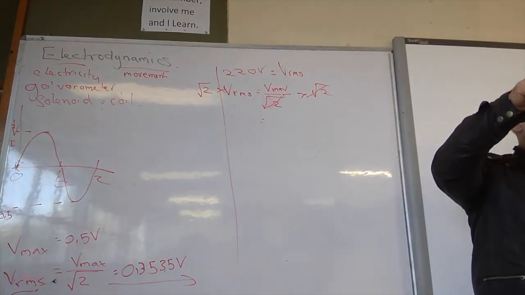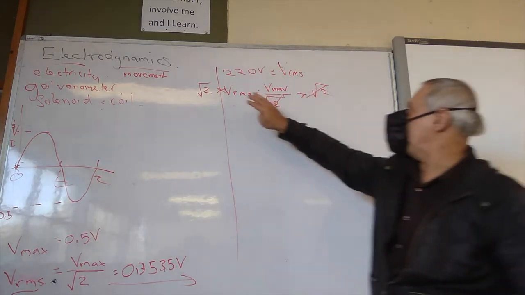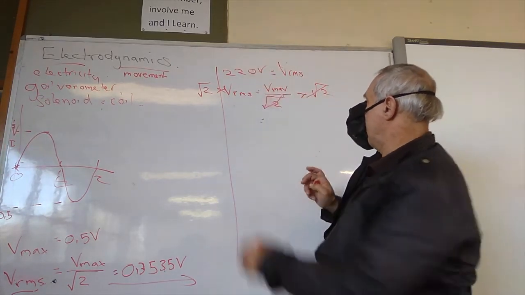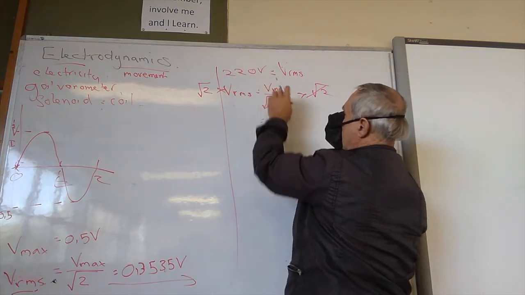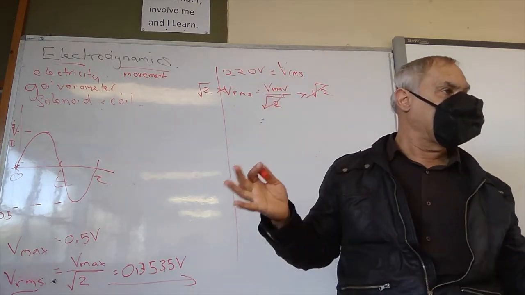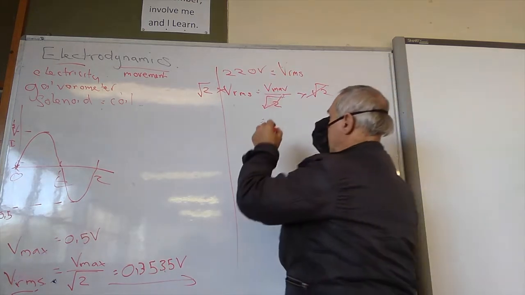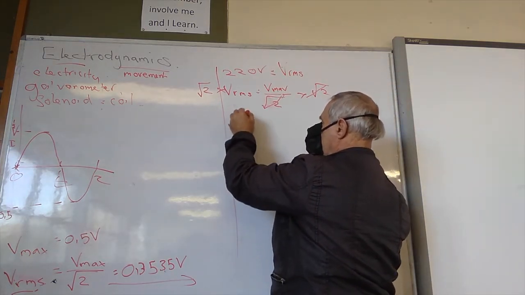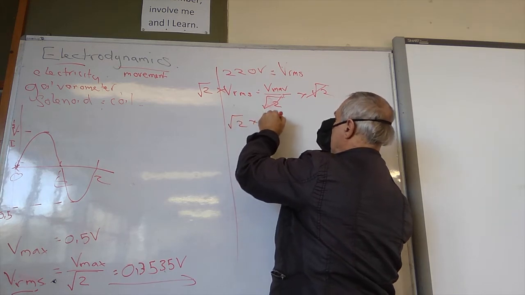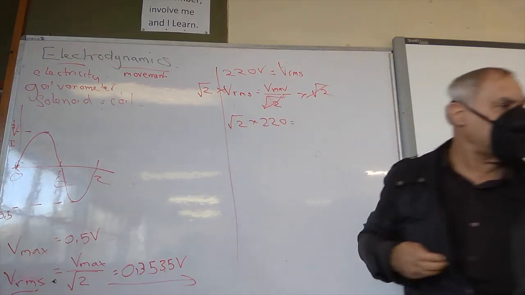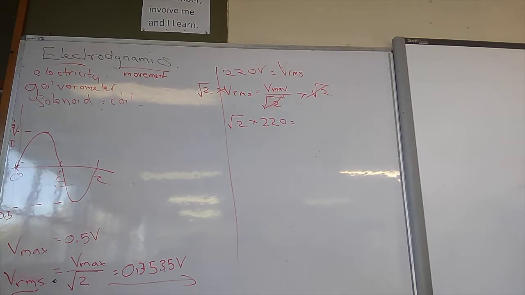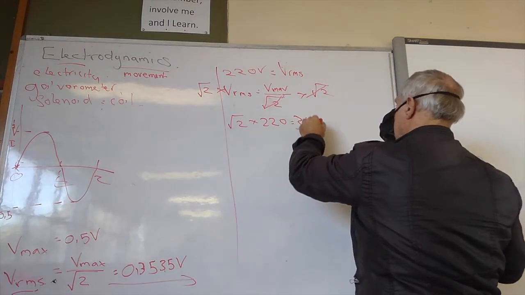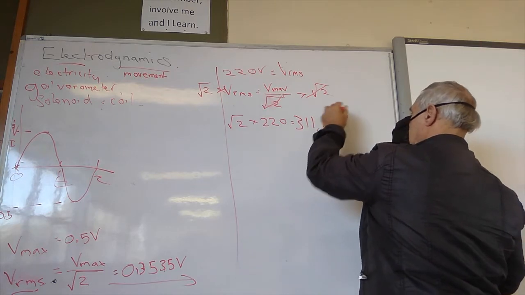Could you guys work out what if our average is 220, what would our maximum voltage come to? Let's try that. So it's going to be the square root of 2 times 220, and you get 311.13 volts.